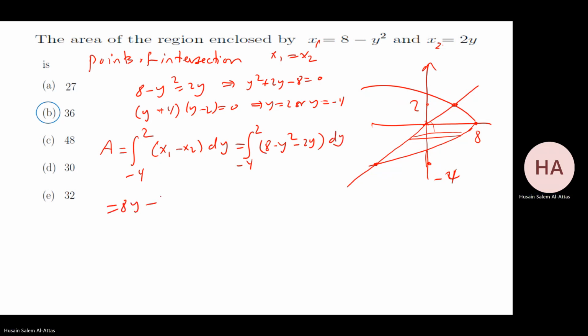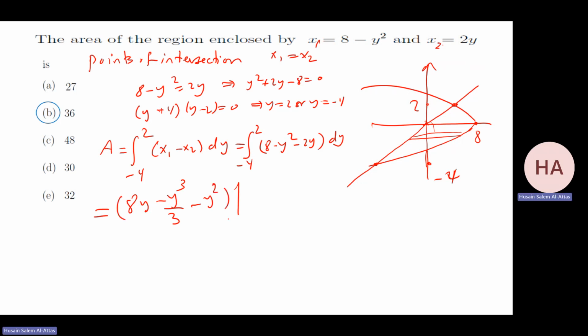That gives me 8y minus y cubed over 3 minus y squared over 2.